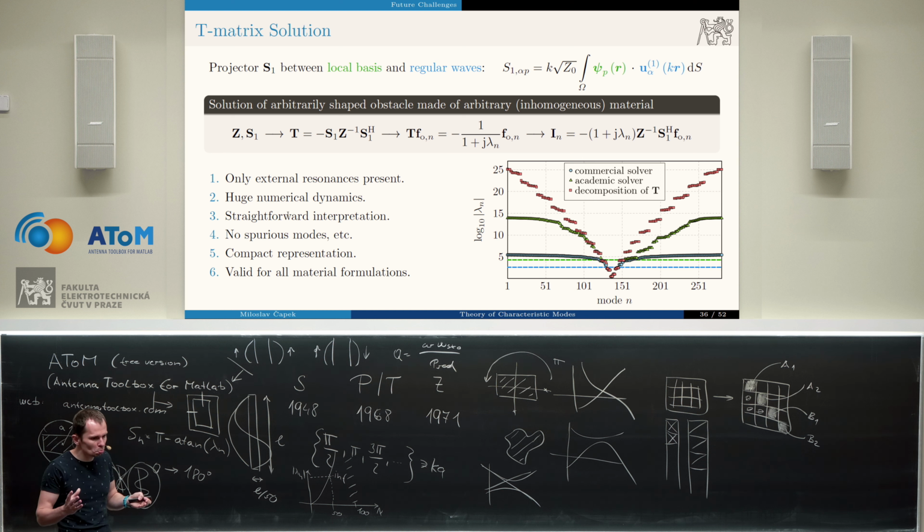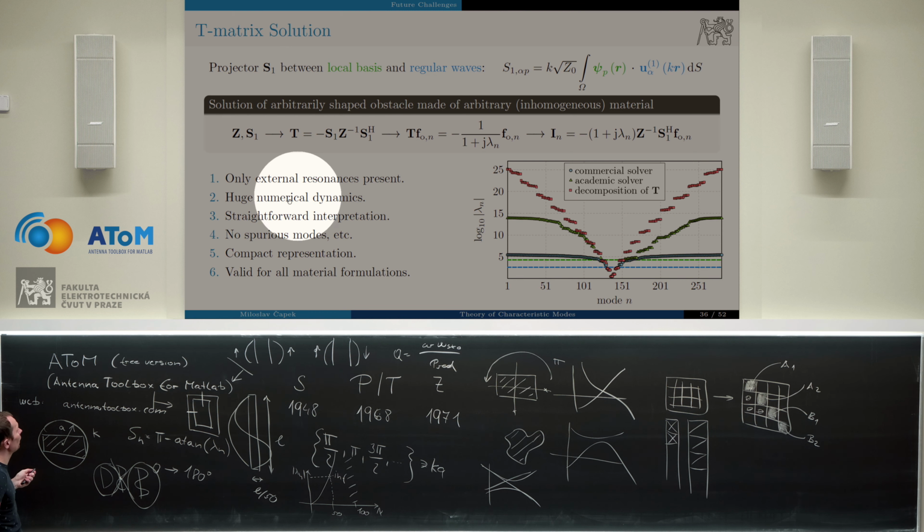So you can deal with that directly, you can calculate far fields, and so on. Also, there are no spurious modes. They cannot exist there, because the transition matrix doesn't see internal resonances and modes somehow associated with spurious modes. This is not possible.